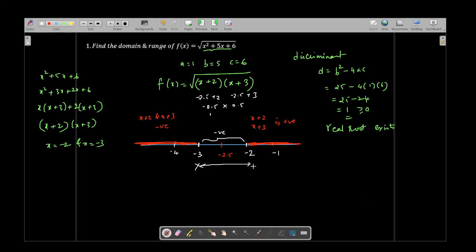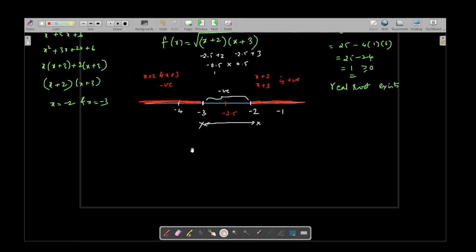So the domain of this function, always remember, if it has roots, is minus infinity to minus 3 included, union minus 2 comma infinity.